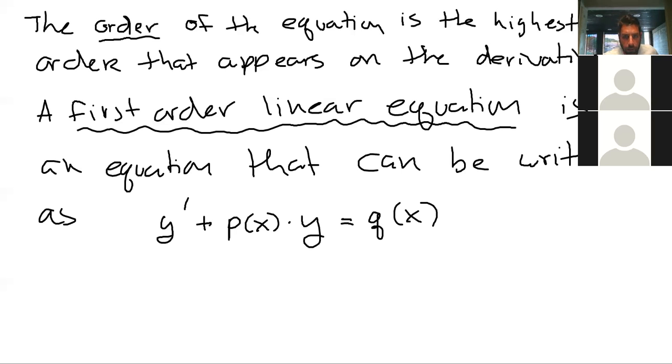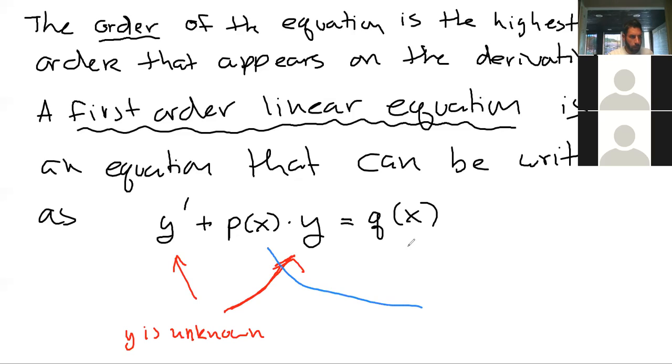So let me put some important annotation here. So y is unknown, and then p and q are given.